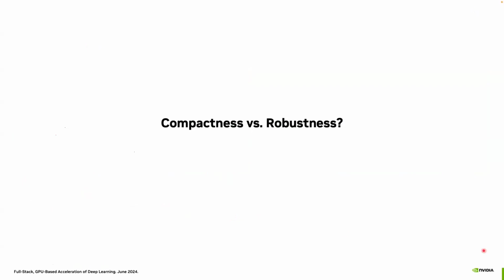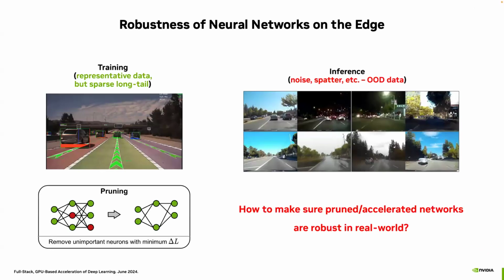All right, so as we mentioned at the beginning, when we compress the model, we should also address the trade-off between the model compactness and the robustness for the out-of-distribution data. So what is going to happen here is that during training, we basically train the model on some representative data.